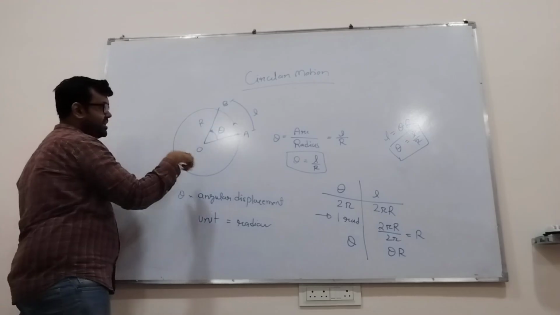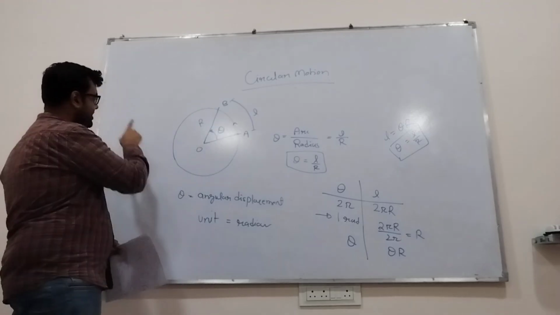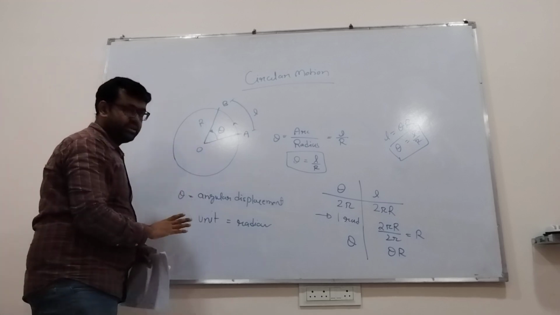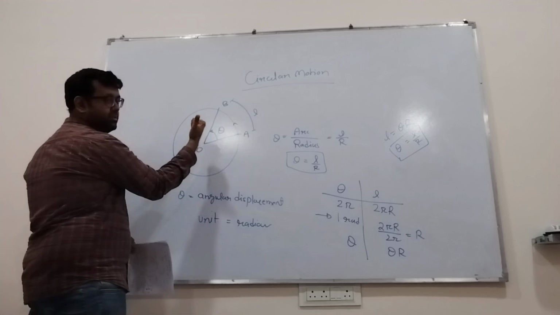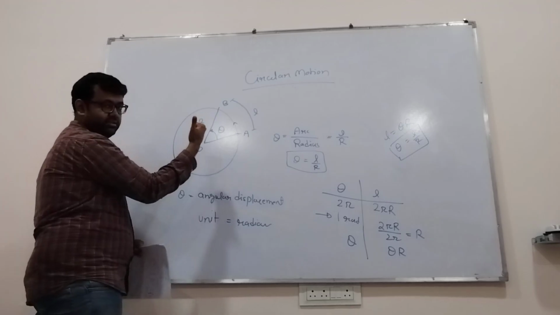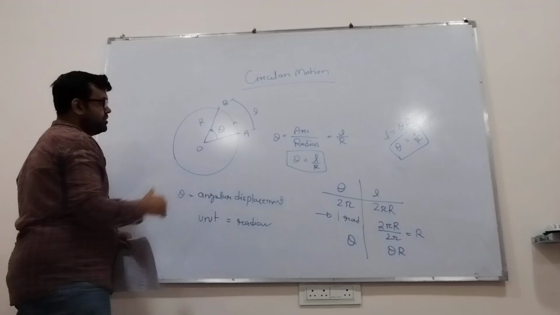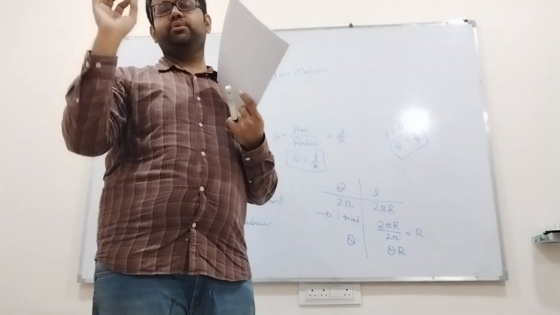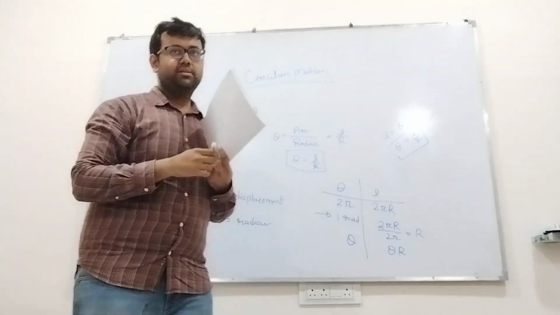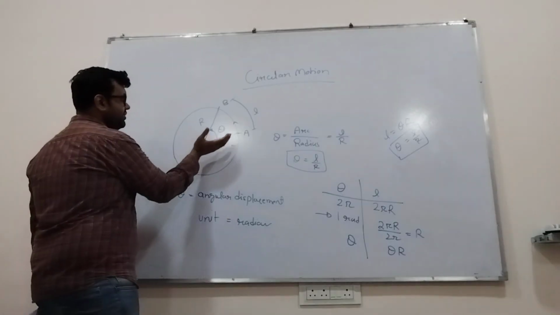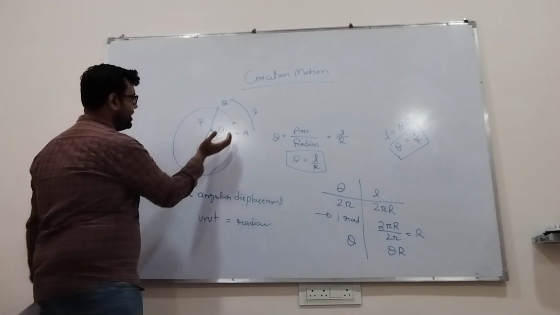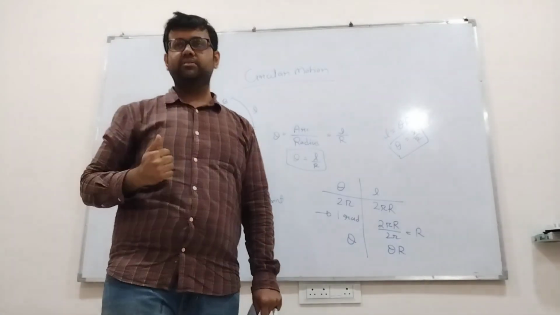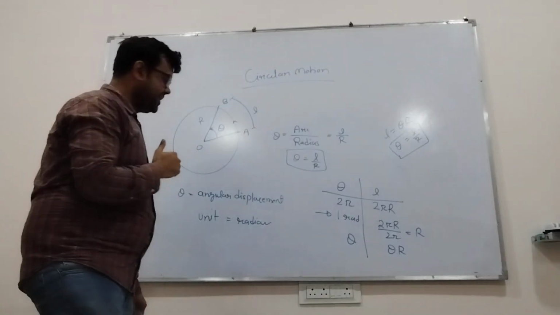Okay, if the object is moving in an xy plane, it is an x and it is a y plane, then the direction of the theta will be nothing but the outward direction. Okay, so to find out the direction of the theta, we will use the right hand rule. That is, we have to move our palm in the direction of the motion, and the direction of the thumb will give you the direction of the angular displacement.